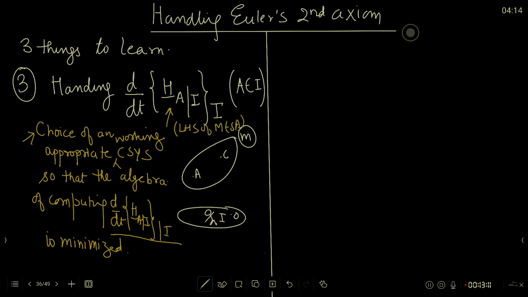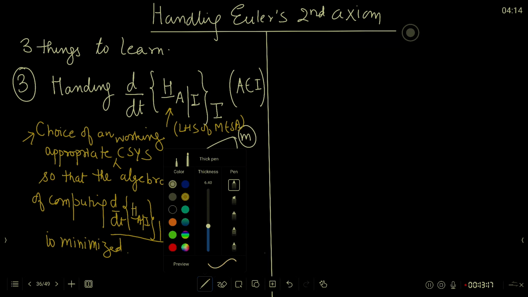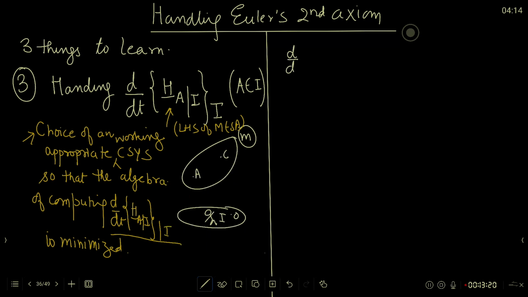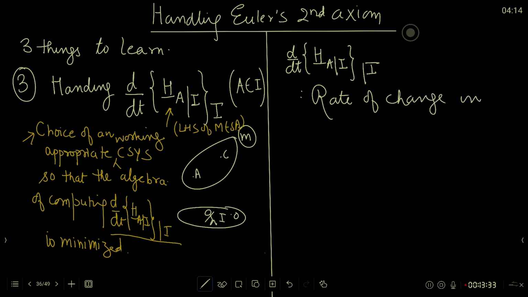It involves not only the angular momentum, it involves rate of change in angular momentum, and that's why it is a more complicated quantity. Rate of change of angular momentum with respect to I.